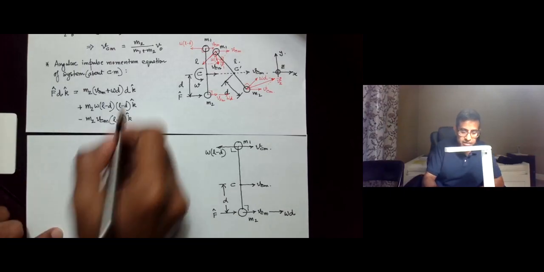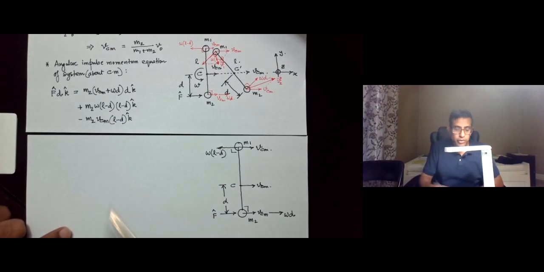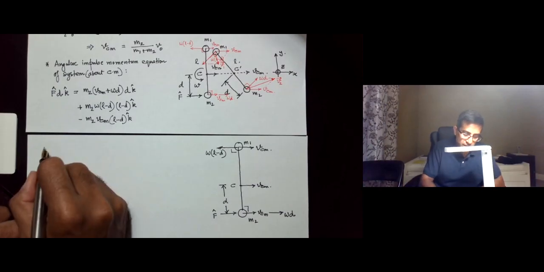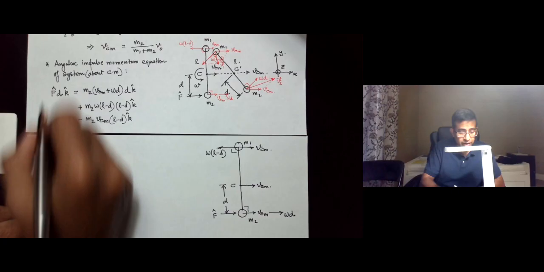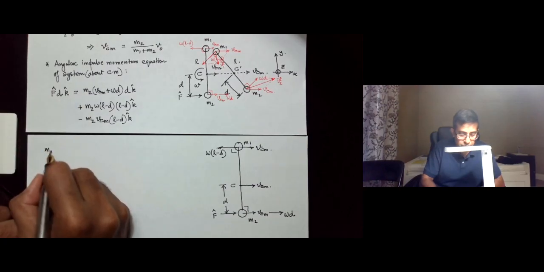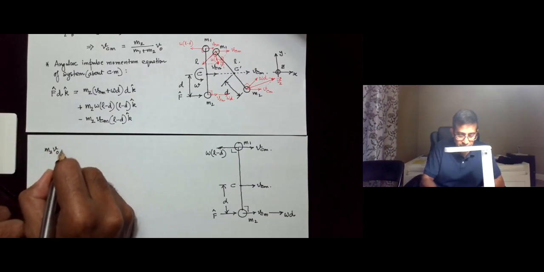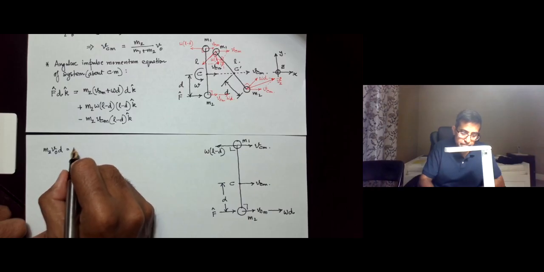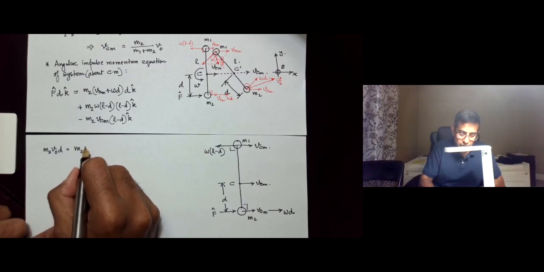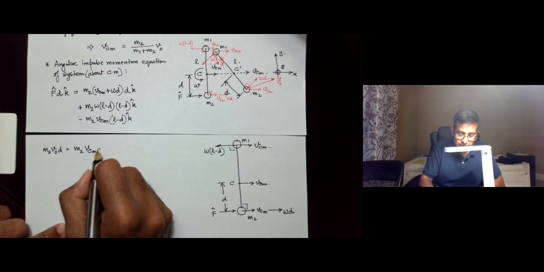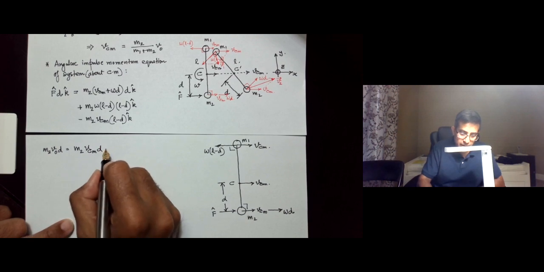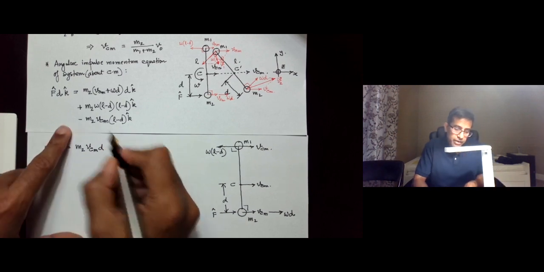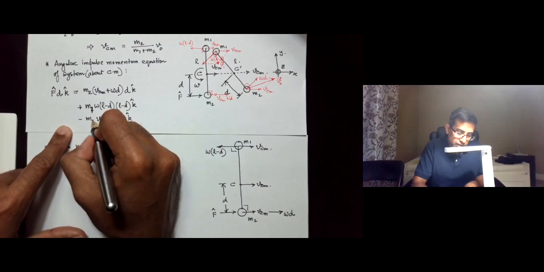Now, since in both sides of this equation you just have components in the k direction, I can simply say and substitute for F hat. So I'll put M2 V naught d is equal to M2 VCM d. By the way, this should be M1. I forgot to put M1.